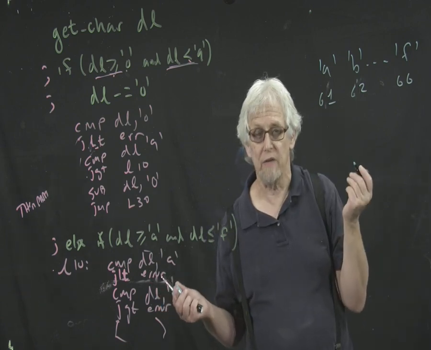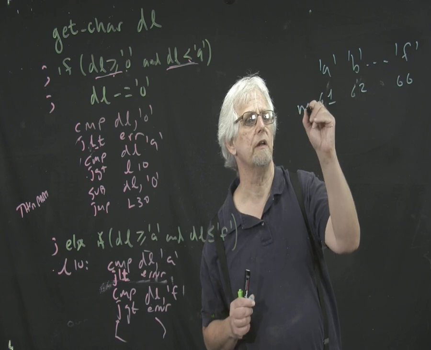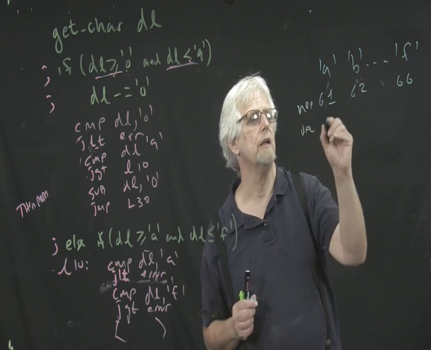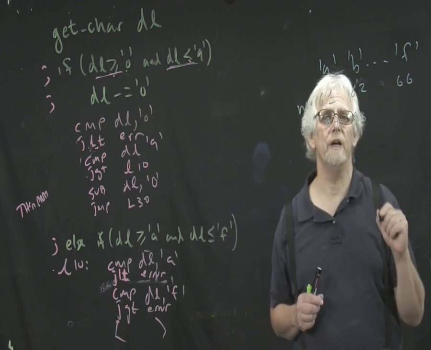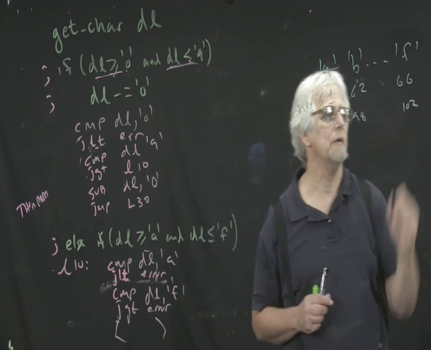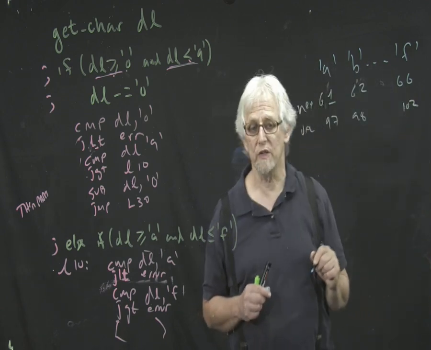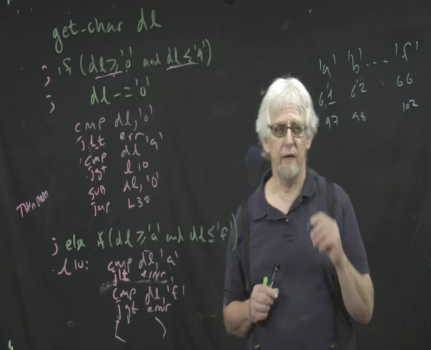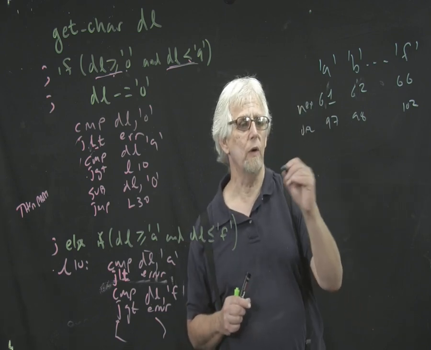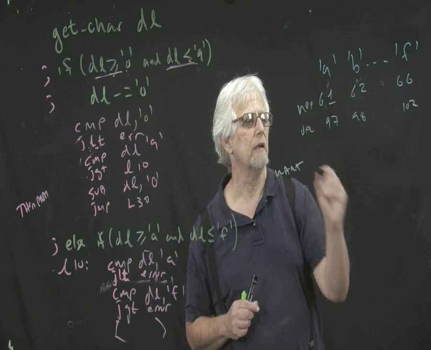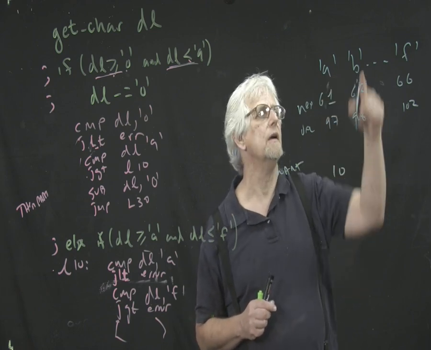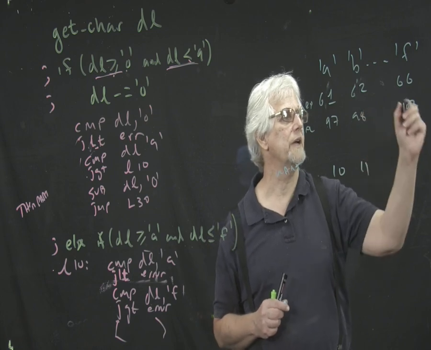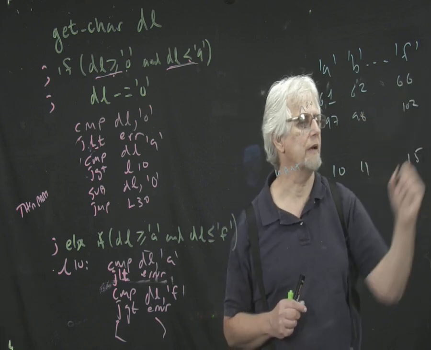That's 97, right? This hex. 97, 98, okay? All the way up through 102. Numerically, what do we want? Okay? Numerically, we want, okay, this should be what? A should be 10. 11, all the way up through 15, right?